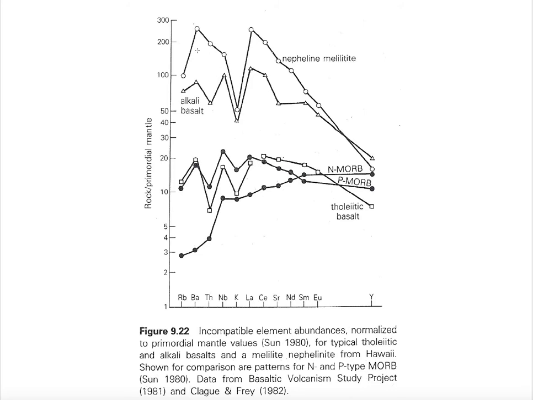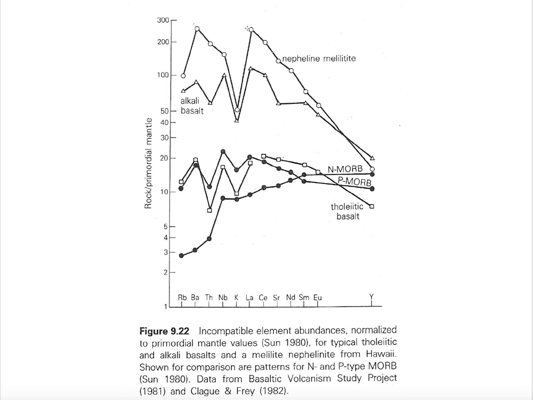And here to compare to that, we have the pattern for the alkali basalt, and here above we have the pattern for the nepheline melilitite, which is actually a very silica undersaturated basalt, or melilitite, yeah, melilitite is silica undersaturated. So that is then formed in a very, very late residual melt, and therefore it is very enriched in incompatible elements.